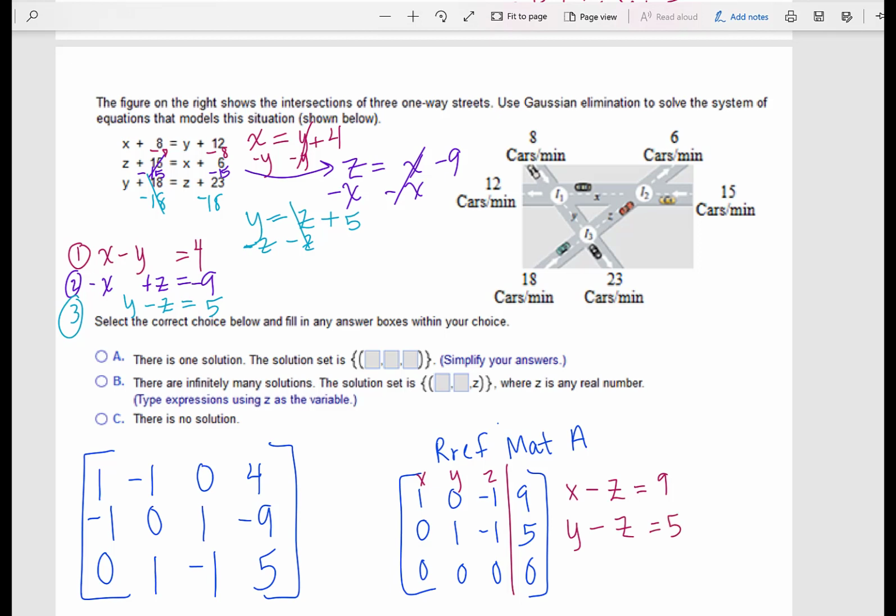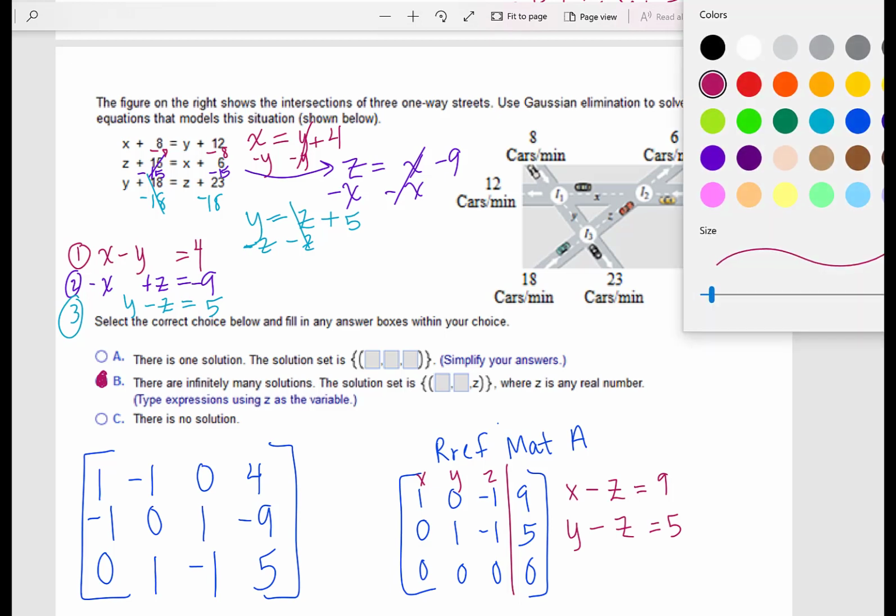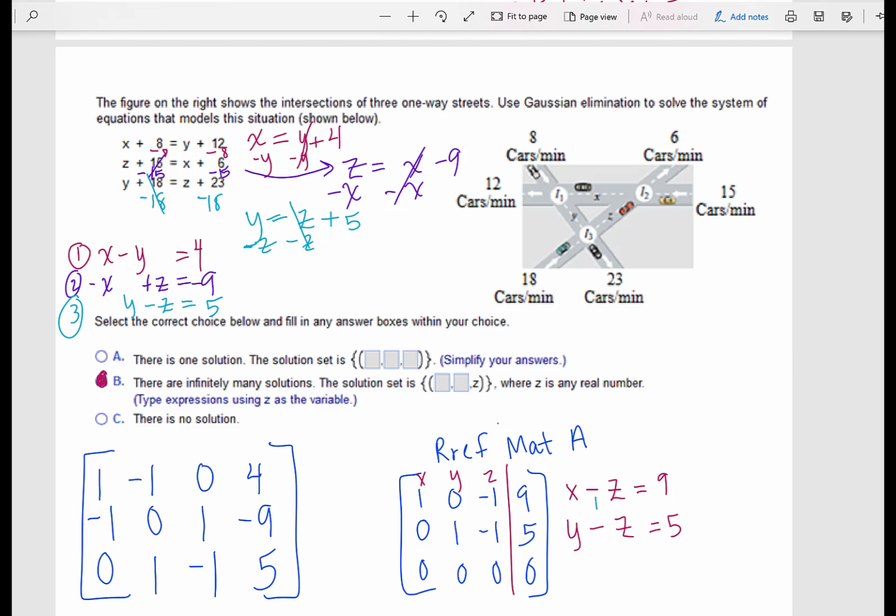Z is my constant here. There are infinitely many solutions. Z is my constant there though, right? So whatever z is, now I needed to be able to express x and y in reference to z. So if I was to solve for x here, in that first equation, I would add z to both sides, and I would get x equals z plus 9.